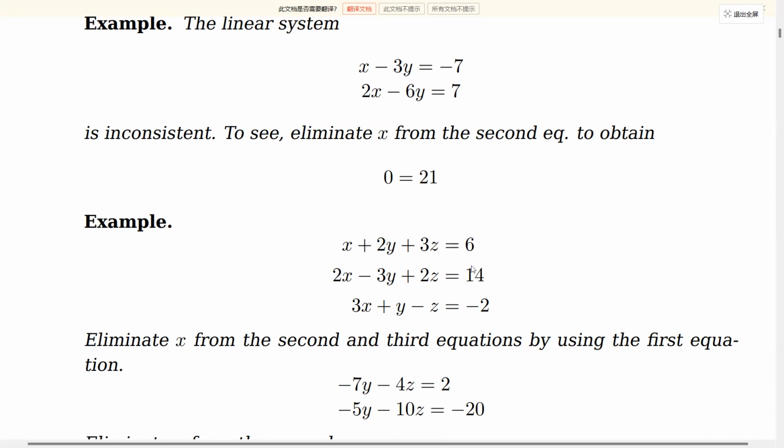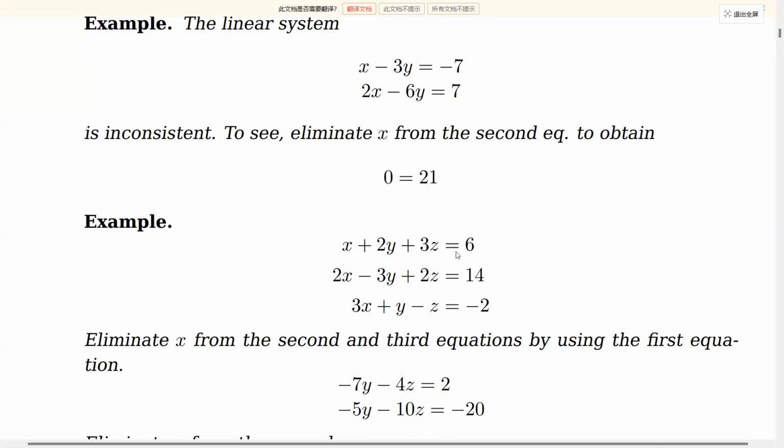And the -12 and 14 will make +2, isn't it? So that's the new equation we get after elimination.